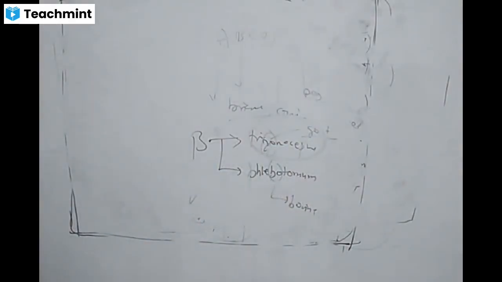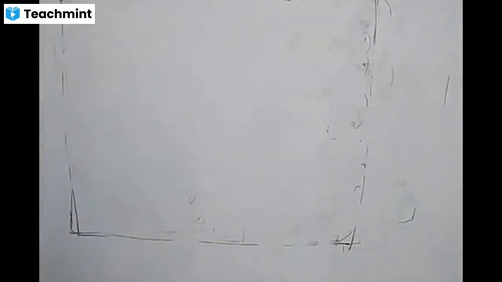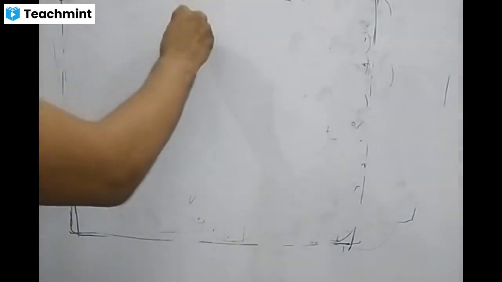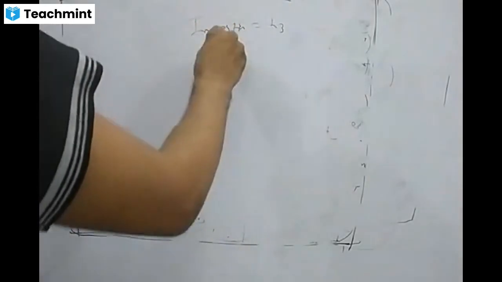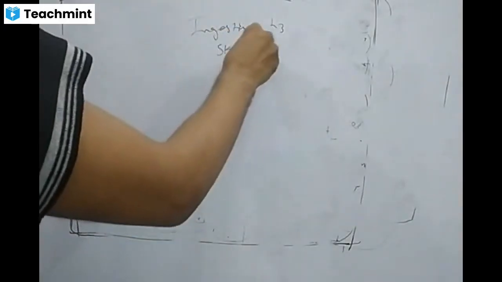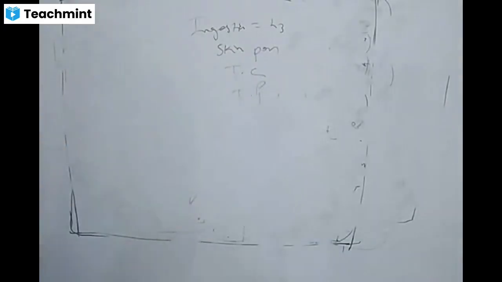And in these Ancylostoma, all four modes of infection are present, means through ingestion of your L3, skin penetration, transcolostral, and transplacental. All four types are present.